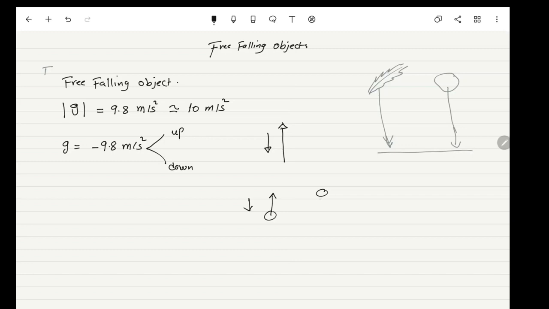If we throw an object downward, again it has an acceleration downward. So in either case, the acceleration is directed downward, and it's equal to minus 10 meters per second squared.